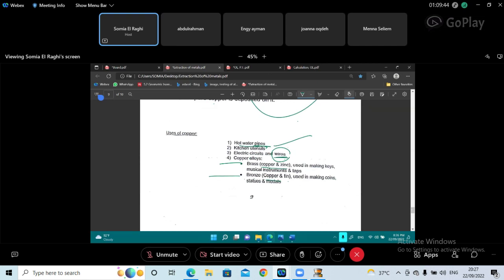So you may write down also hot water pipe. And some people like to get copper kitchenware. It is also very good because it's a good conductor of heat. It's a metal, okay? You have a lot of uses here for copper. The most important one is wire, with 2 kinds of alloys here, all right? So we talked about the uses of each one.